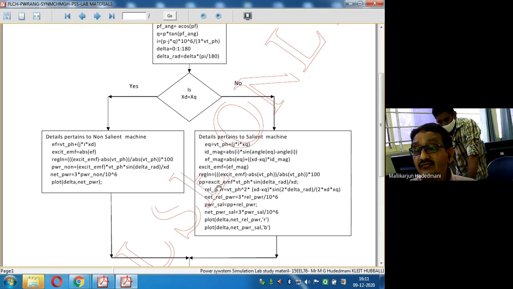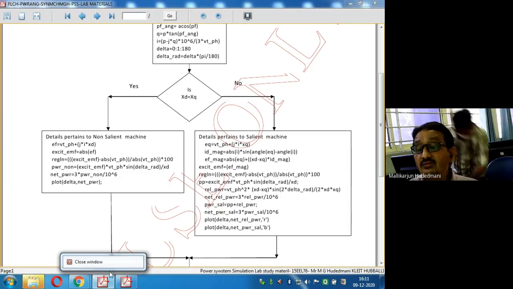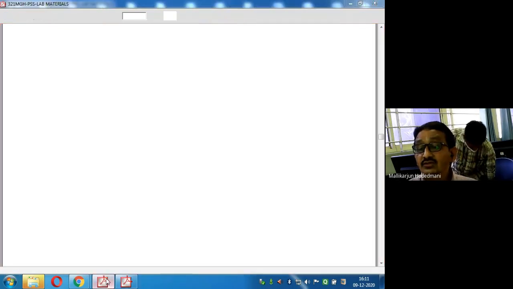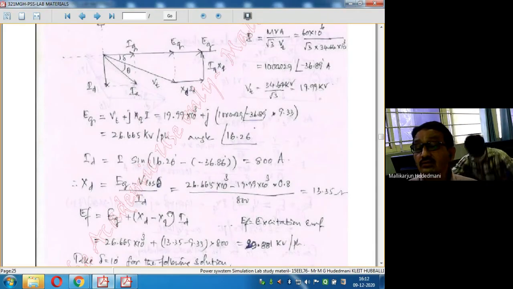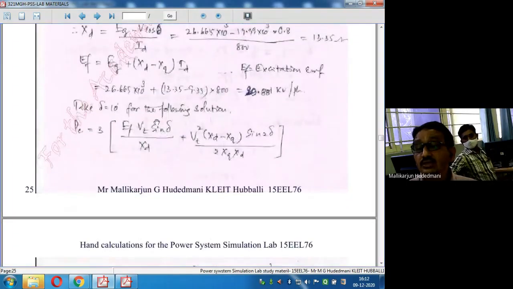It is EF, excite EMF, into VT sine delta radian divided by XD. It represents the first part of the calculation. I'll show you that, the first part of the equation. This term is separately done as PP: EF VT sine delta divided by XD.